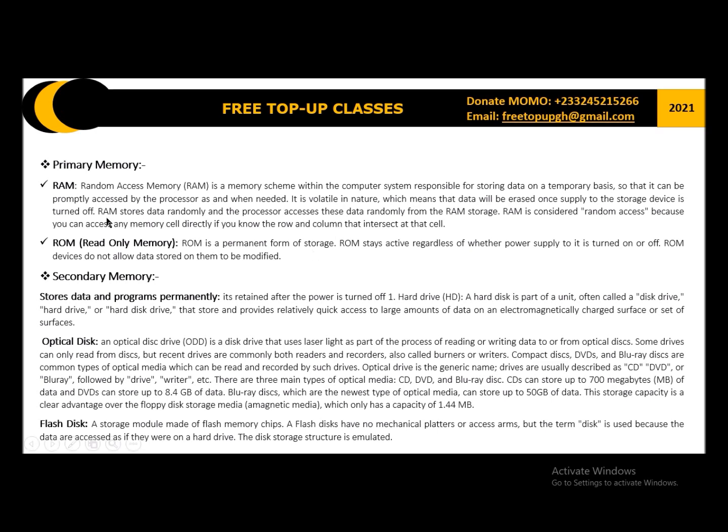So RAM is random access memory. What is it? It's a memory scheme within the computer system responsible for storing data on a temporary basis, so that it can be promptly accessed by the processor as and when needed.